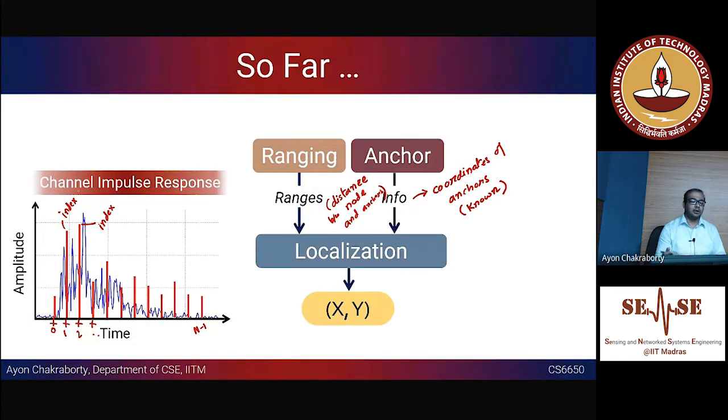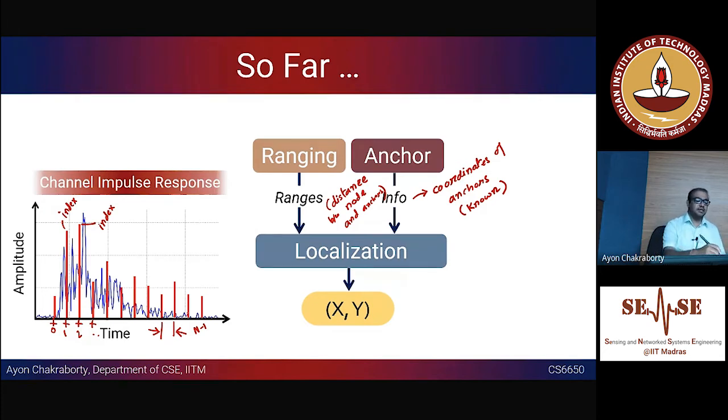And we also have one more piece of information, which is the resolution of this impulse response in terms of the time taps, how close these time taps are. Based on that, I can make comments on the granularity of the ranging process, how granular the ranges are.